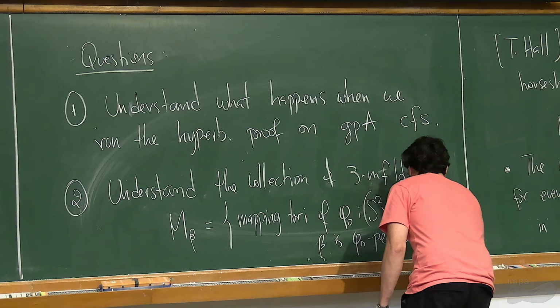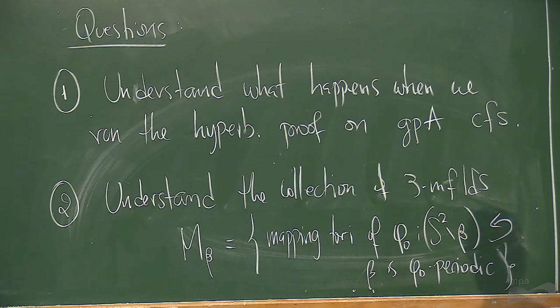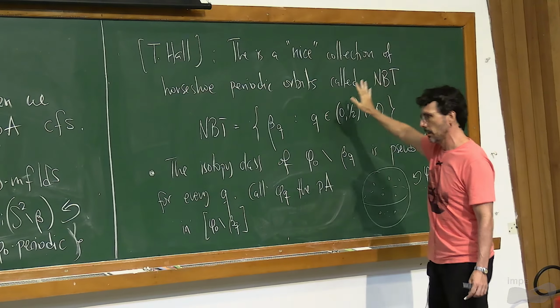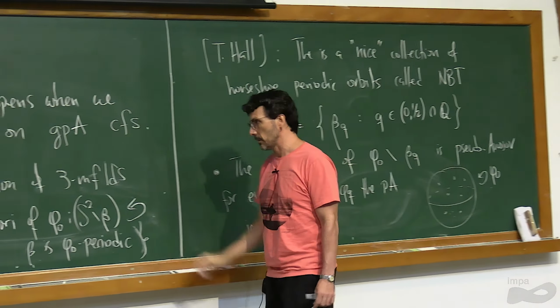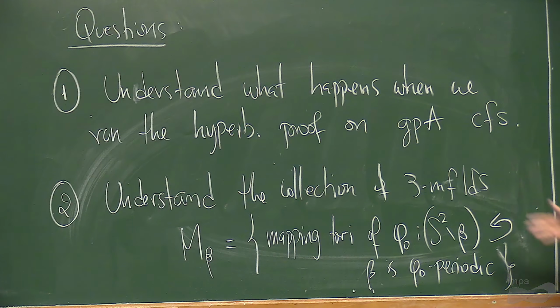I mention this family here because that's the one we worked with, and I was going to say something more about it, but let me just finish stating the question. The horseshoe has lots and lots of periodic orbits, and for each one you take out, you can run this game, or it might not be pseudo-Anosov, but most of them are.